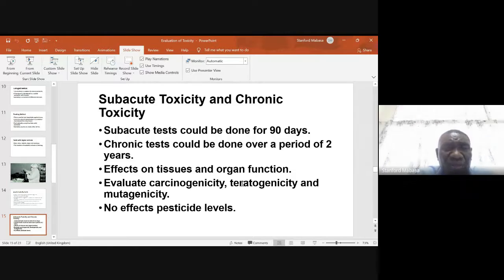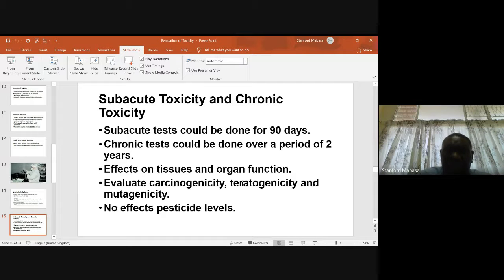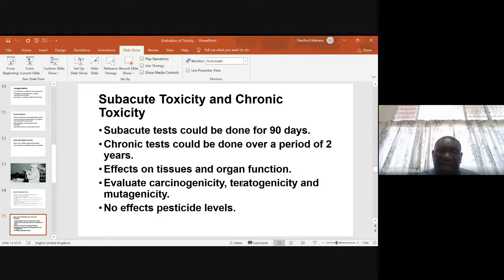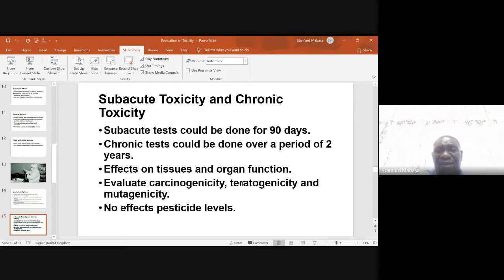Now we want to talk about the subacute toxicity and the chronic toxicity. Now, subacute tests could be done over a period of, say, 90 days. But chronic tests could be done over a period of 2 years.